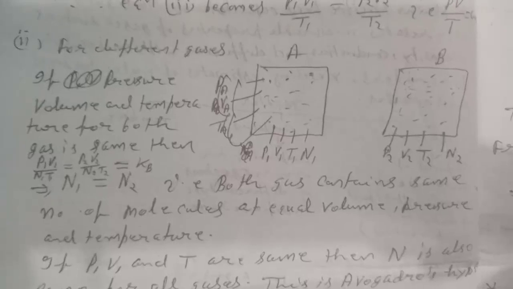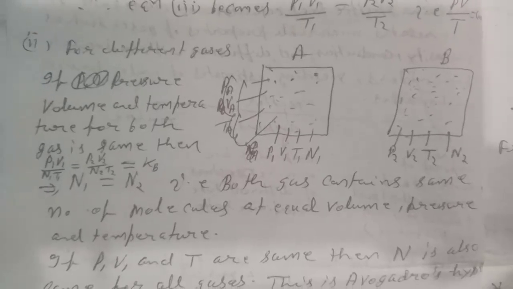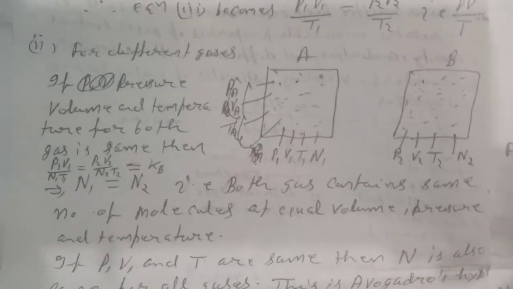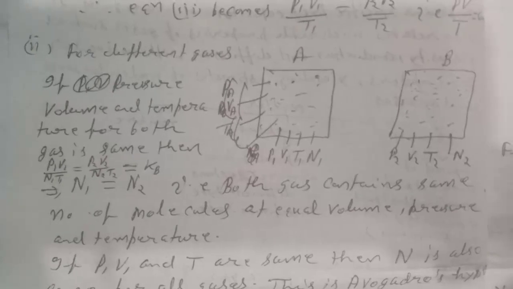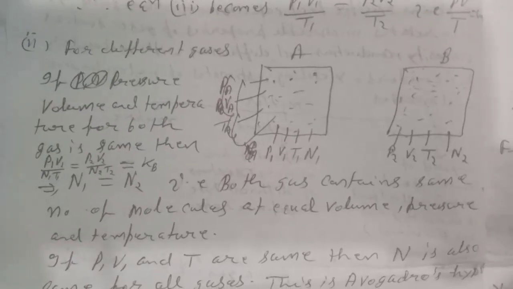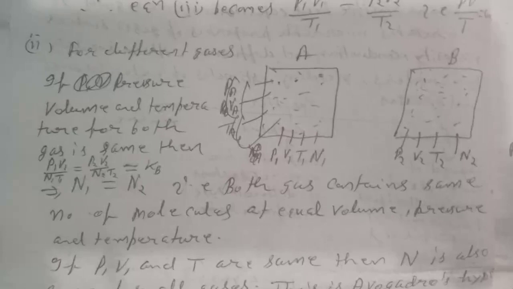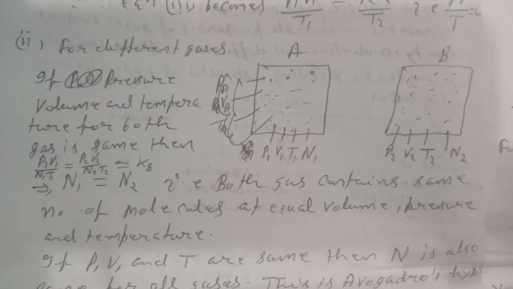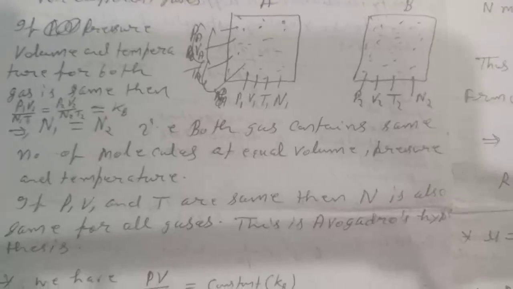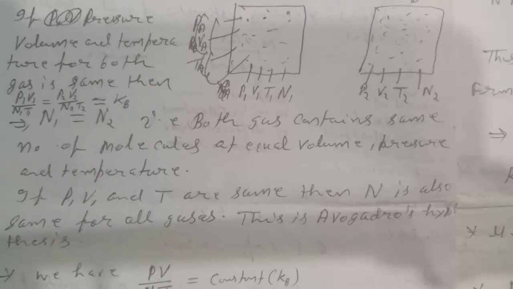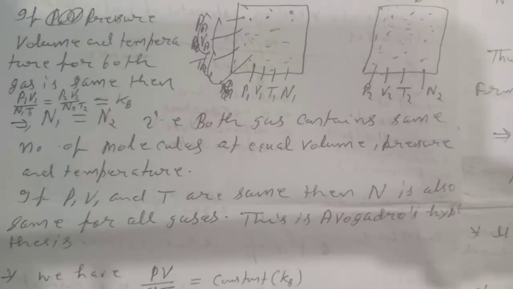Now for different gases, if pressure, volume and temperature for both gases are the same, then P1V1/N1T1 equals P2V2/N2T2 equals k_B. This implies N1 equals N2, that is, both gases contain the same number of molecules at equal volume, pressure and temperature.